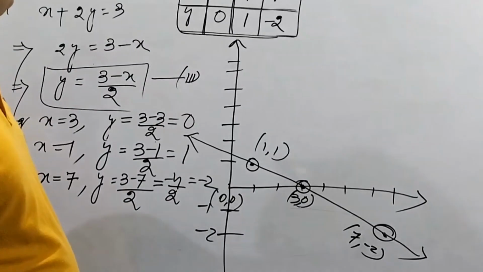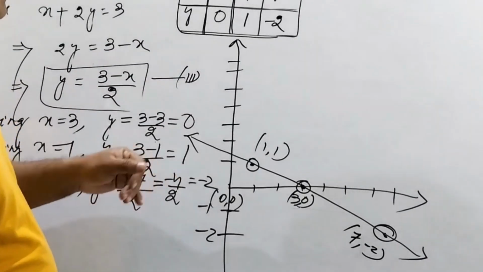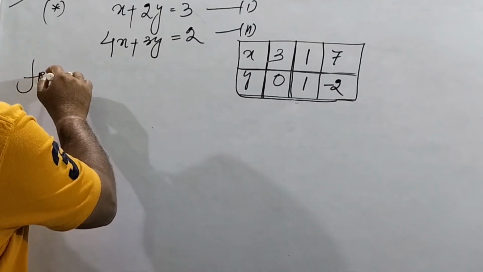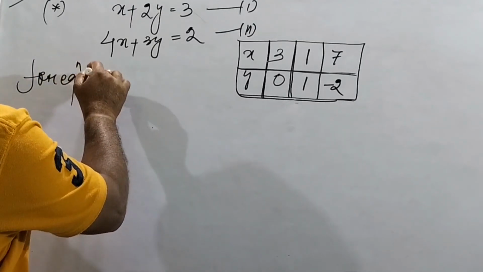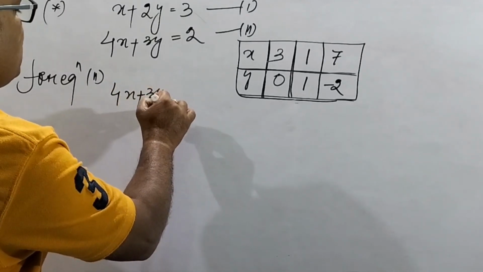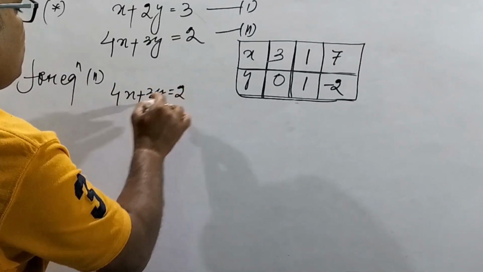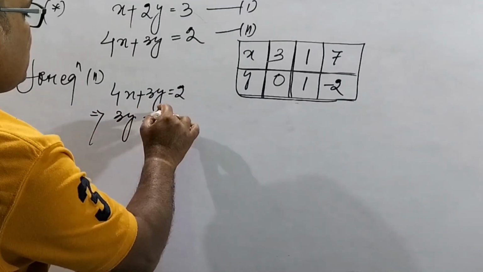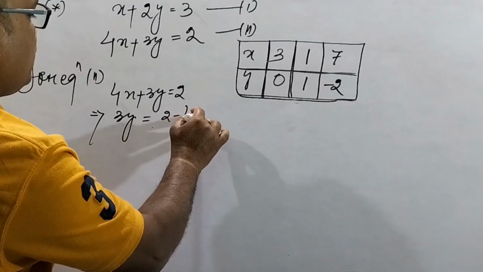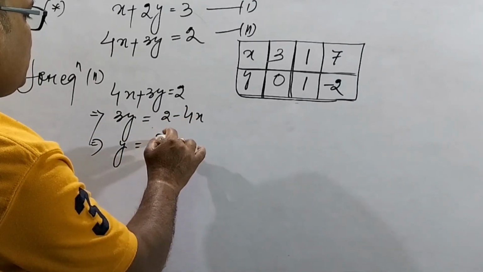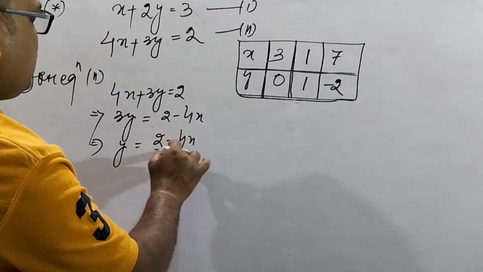So let's construct the other line here. For equation 2, it is 4x plus 3y equals 2. That implies 3y will be 2 minus 4x and y will be (2 minus 4x) by 3.